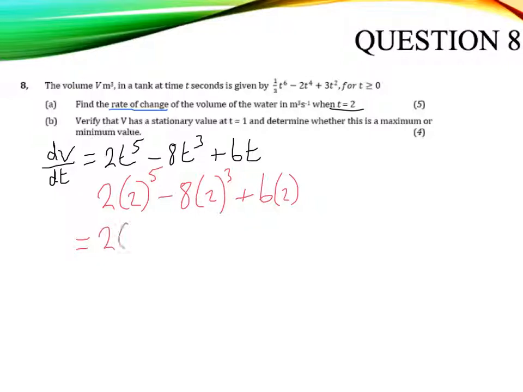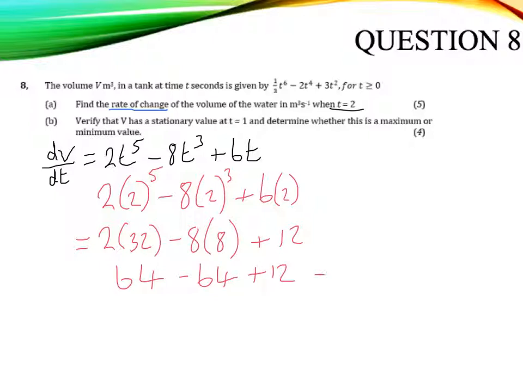So 2 lots of 32, minus 8 lots of 2 cubed, which is 8, plus 12. So I've got 64 minus 64 plus 12, which is 12. It says in meters cubed per second, so the rate of change is 12 meters cubed per second.